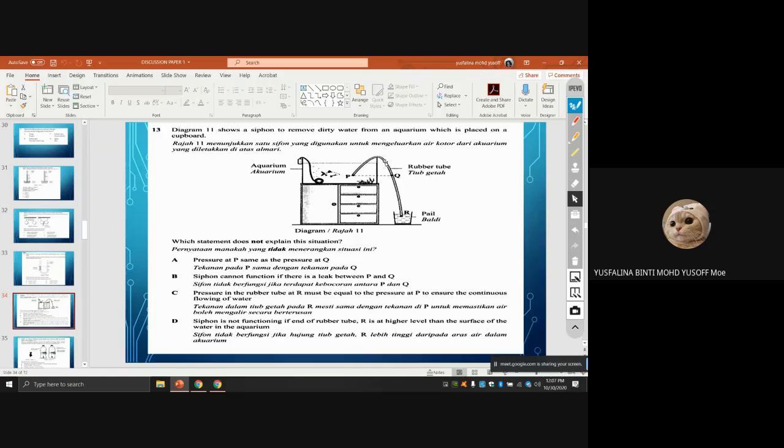For C, the pressure in the rubber tube at R must equal the pressure at P to ensure the continuous flowing of the water. So this one is the answer. Number 13, the answer is C.